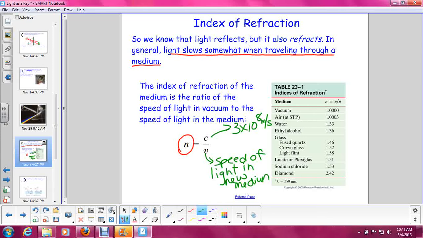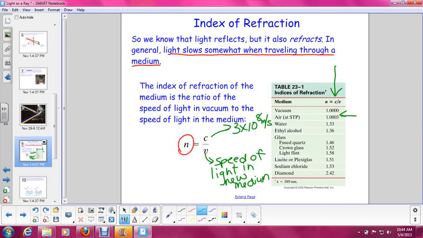So you can see the indices of refraction over here. And the larger the number, that will be the larger the bend of light that you get. So when light goes from a vacuum to air, like at the top of our atmosphere, the index of refraction is barely bigger than 1, which means it's not going to bend very much. It does bend a little, but not a whole lot.